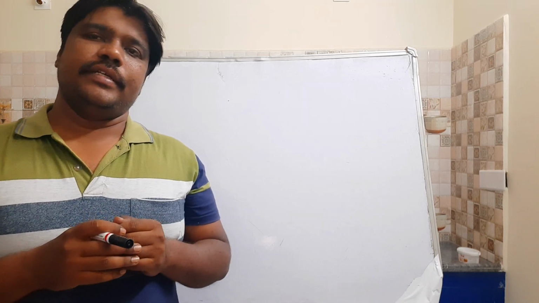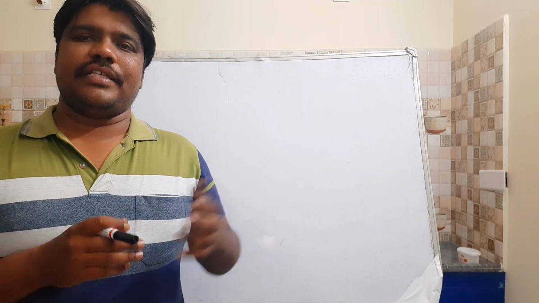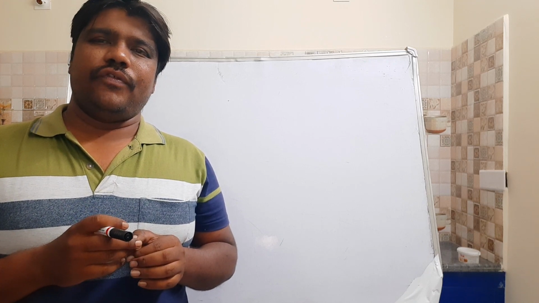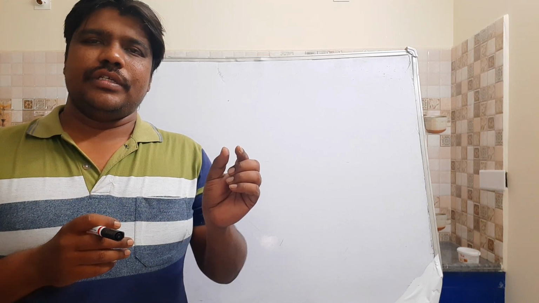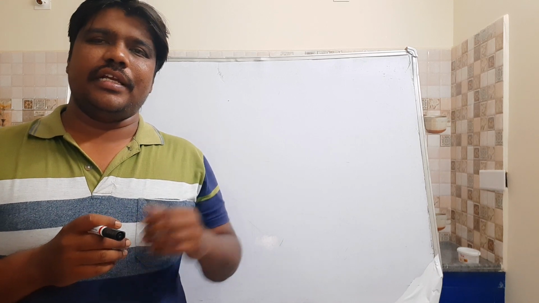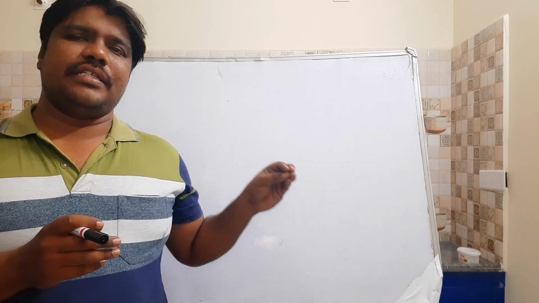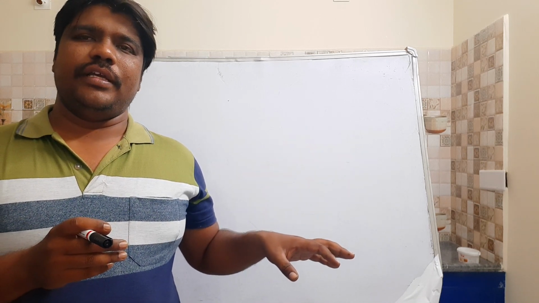Welcome to solid state. Yes, in the previous class we discussed the contribution of a lattice point towards a single unit cell in the crystal lattice. Lattice points are situated at corners, at face centers, and at the center of the body.